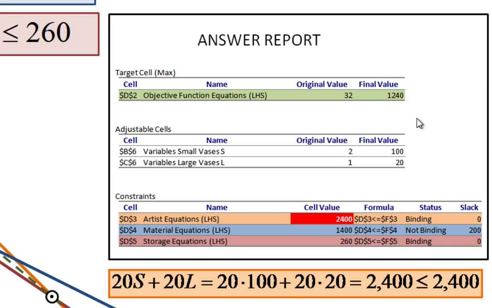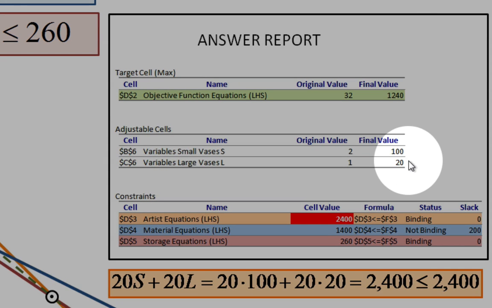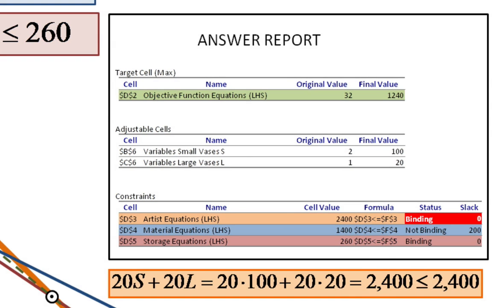Now, with our final values for the variables, 100 and 20 respectively, this reads 20s plus 20l equals 20 times 100 plus 20 times 20 equals 2400. This constraint is binding and it has a slack of 0.